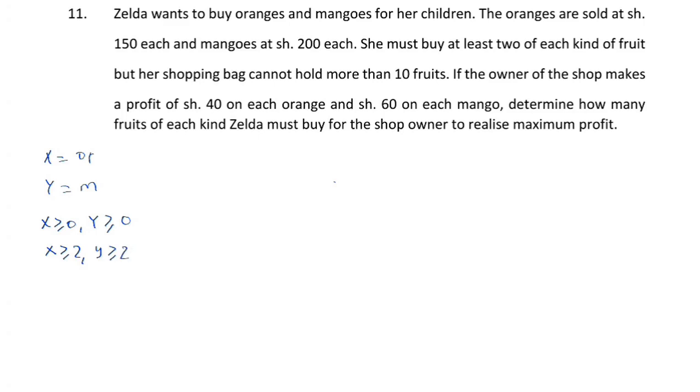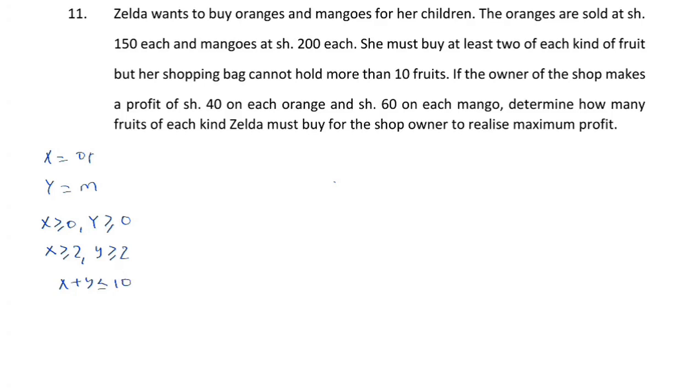Also, we have to remember that we have been told the shopping bag cannot hold more than 10 fruits, which means that the sum of x and y must be less than or equal to 10. So our inequality is going to be x plus y is less than or equal to 10.